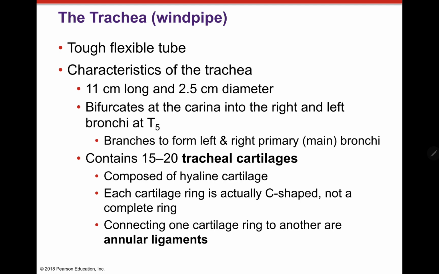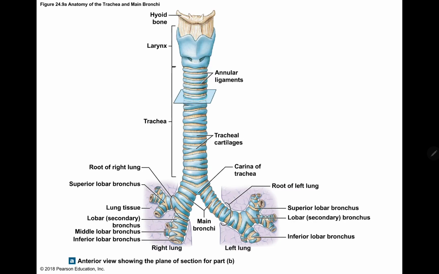It's going to contain around 15 to 20 tracheal cartilages, composed of hyaline cartilage. But the cartilage ring is actually going to be C-shaped, so it's not going to be a complete ring. And connecting one cartilage ring to another, they're going to be connected by these annular ligaments. And so this gives you the trachea right here.